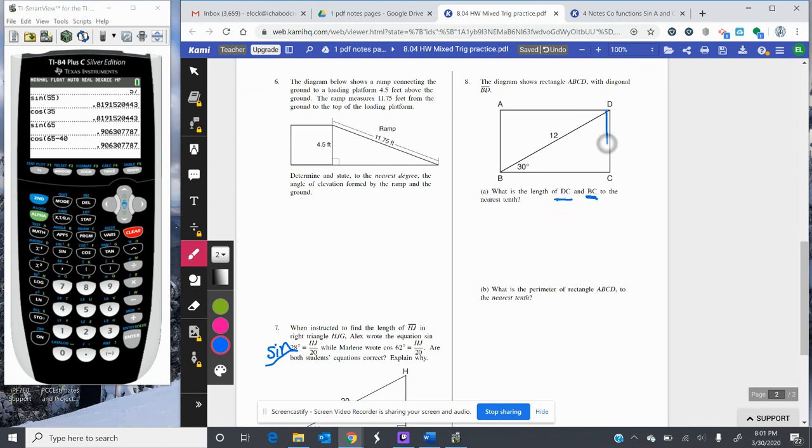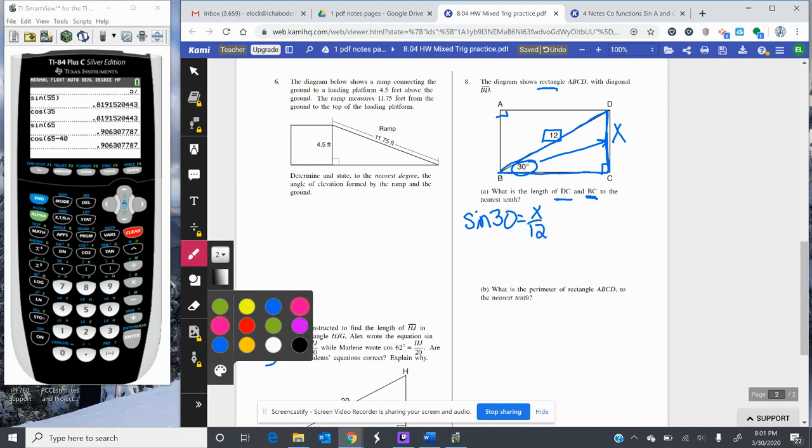If you put across DC and they gave you that this was a rectangle, right angle, and x there, you're going to set up one trig function from the 30-degree angle. You have its opposite side and its hypotenuse in this right triangle here. So you'll have sine of 30 equals x over 12.